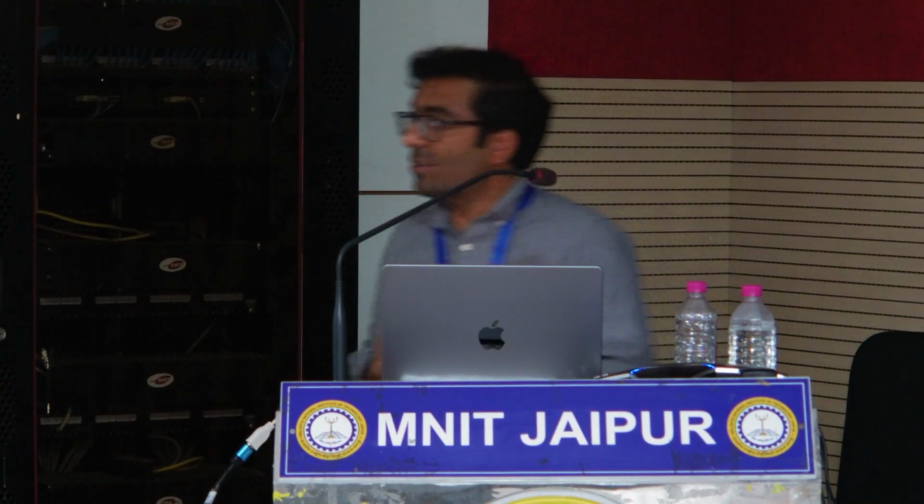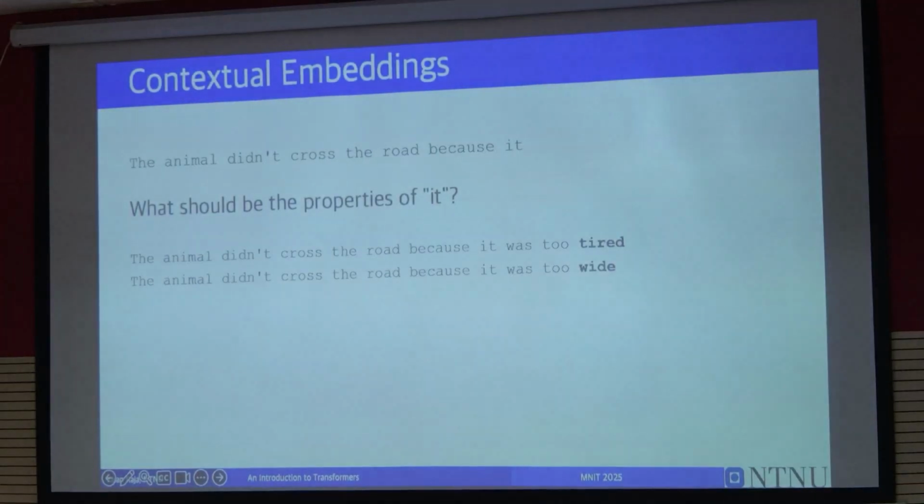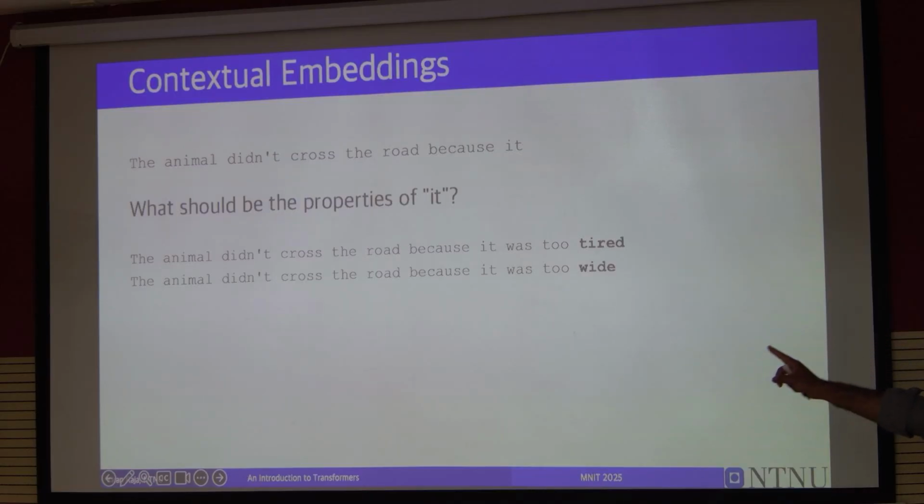And then you can continue further, right? Let's assume that if you make a simple continuation, after the "it" is completed, we're going to complete it with the next part of the sentence. Again, then come these two words, right? "Because it was too tired," "it was too wide." Now the context again changes. In the first sentence, we're talking about the animal. In the second one, we're talking about the road itself.